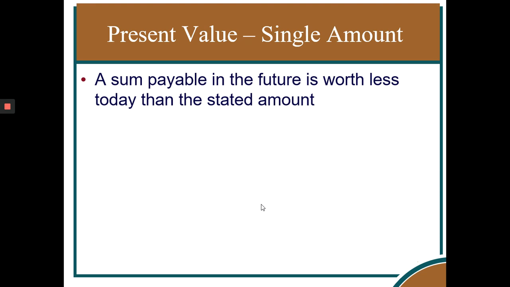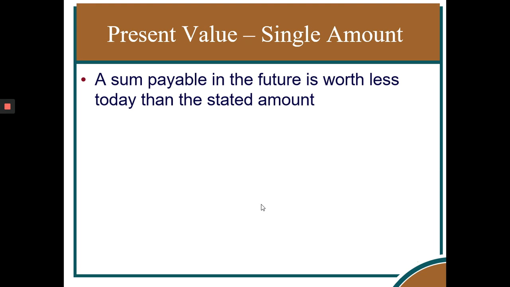Now we need to calculate how much the future value is worth today. As I mentioned, $1 today is worth more than $1 one year from now, or 5 years from now. So if someone says, don't worry, I'll give you 5,000 next year instead of today, then you need to calculate how much that 5,000 is worth today.